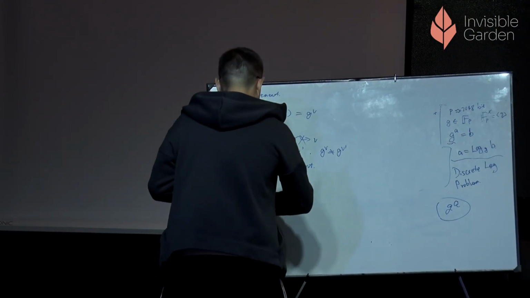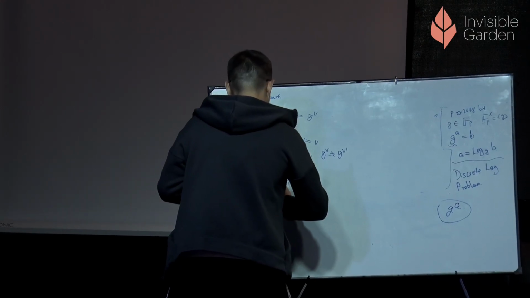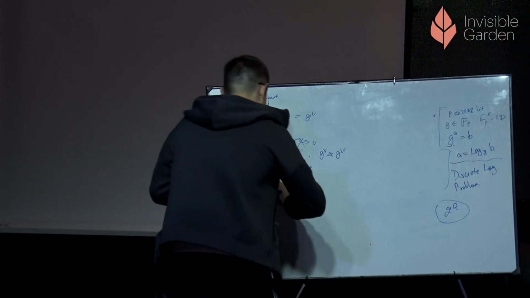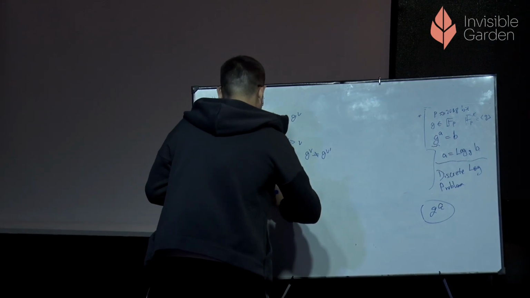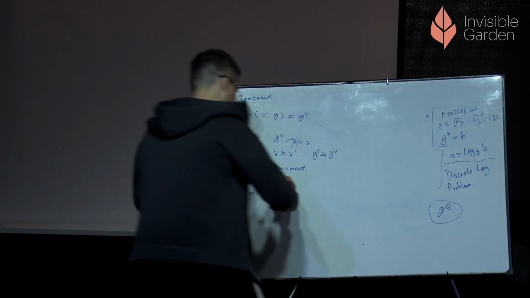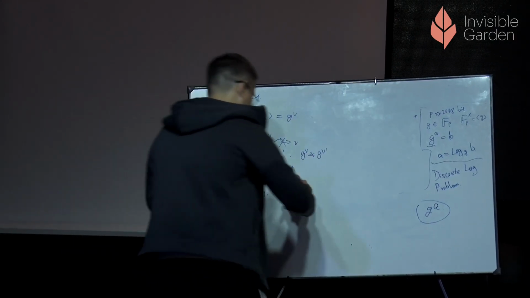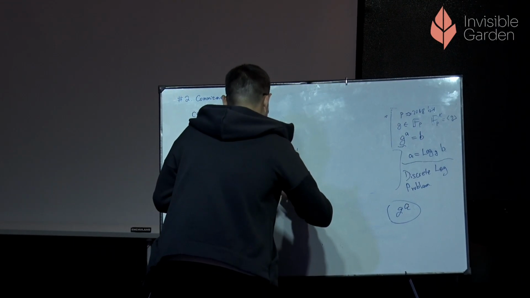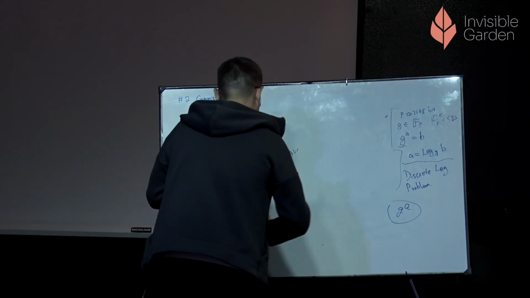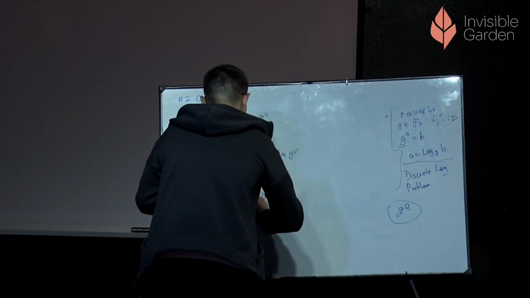And then when we commit to a value V with G and H, it equals G to V times H to R. And here R is a random number.